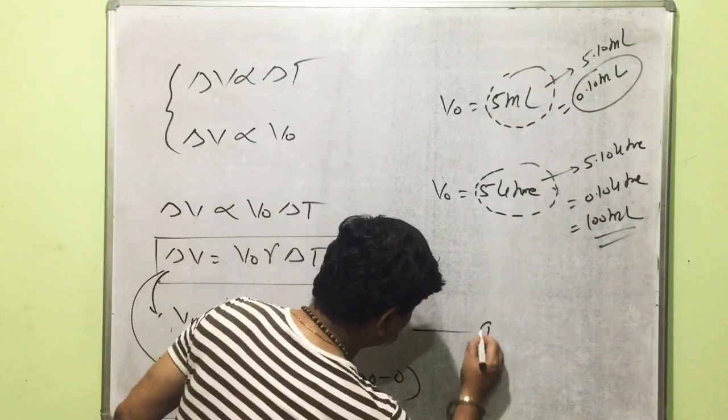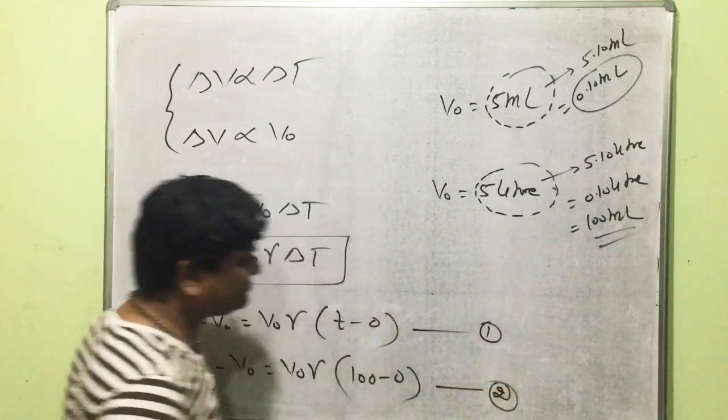The first is taken as relation number 1, and the second as relation number 2.